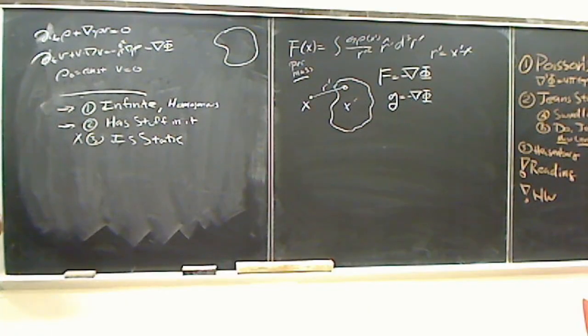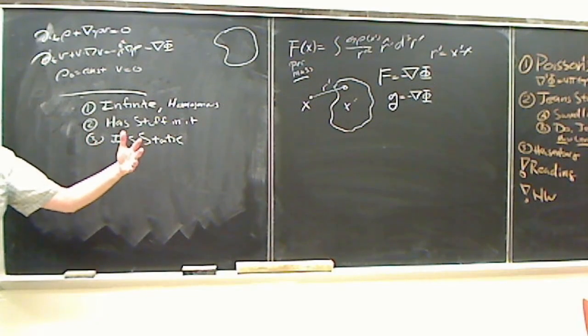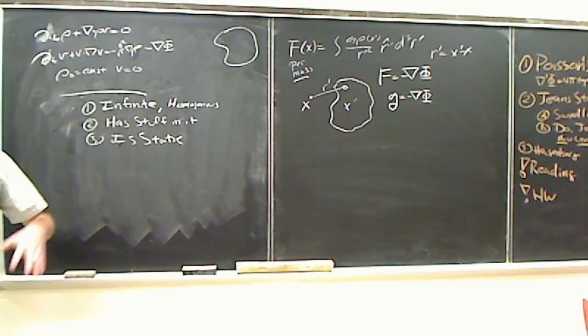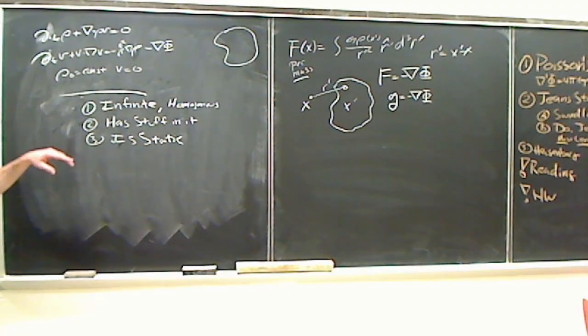It has to be expanding or contracting. Or if it's static, then it either can't be homogeneous or can't have any stuff in it. So if you have a static universe that's not moving, then it either has to have an edge so that there's an actual gradient to the gravitational potential, or it's empty. If it's empty, that's boring.